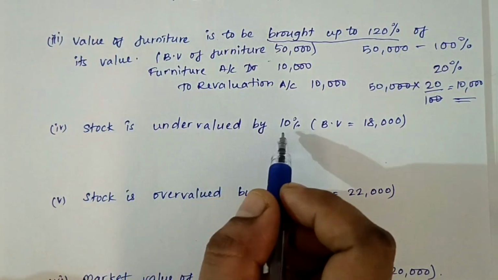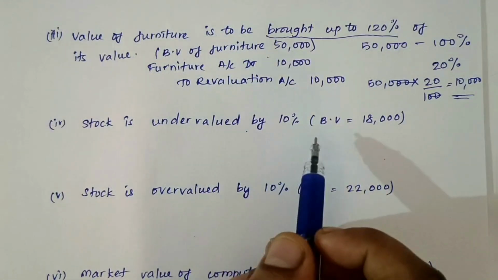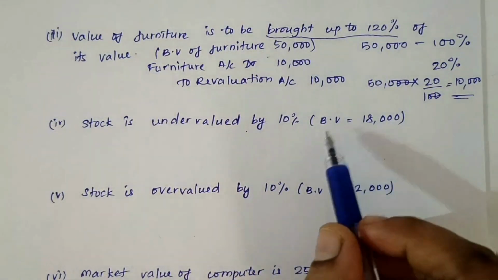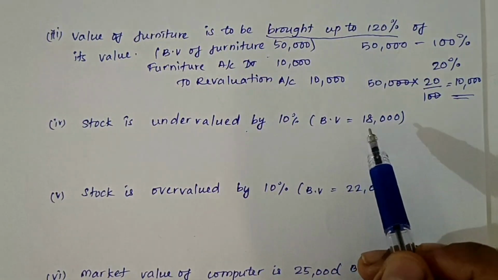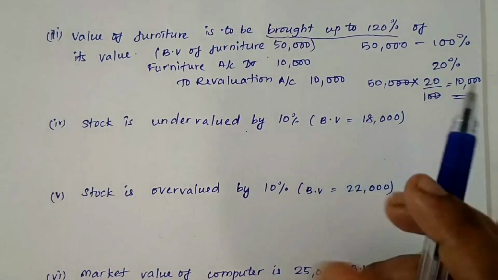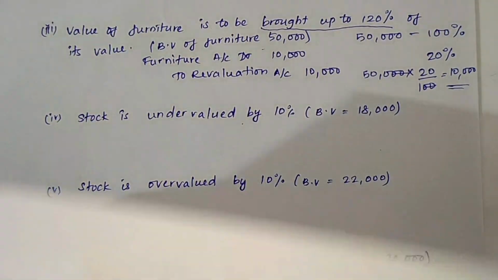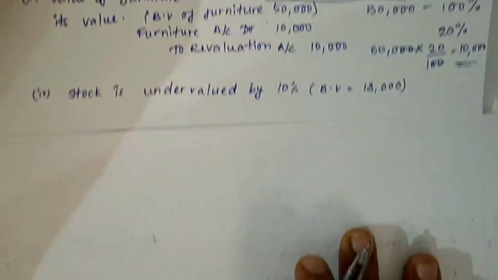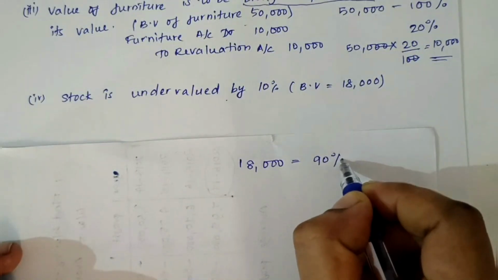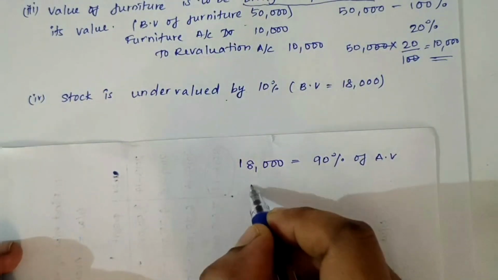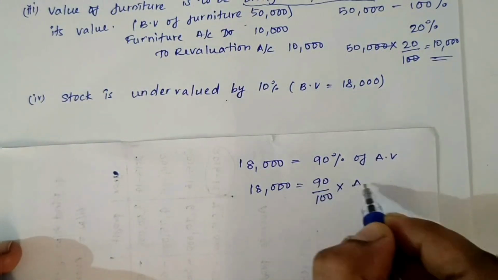Stock is undervalued by 10%. It's a very tricky question and a very important one. Stock is undervalued by 10%. The book value is 18,000, which means the value we recorded in the books is wrong. We recorded 10% less, so we have to find the actual value of stock. Let's do the working separately. 18,000 is 90% of actual value, which means 18,000 is 90 by 100 of actual value.